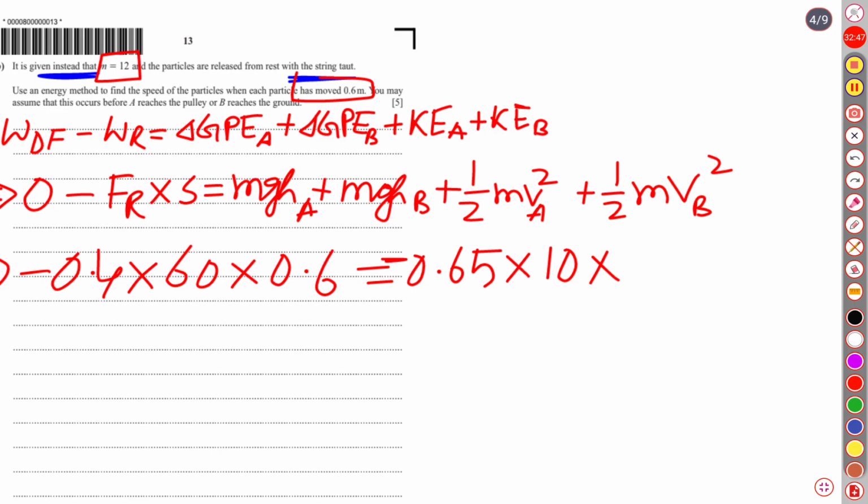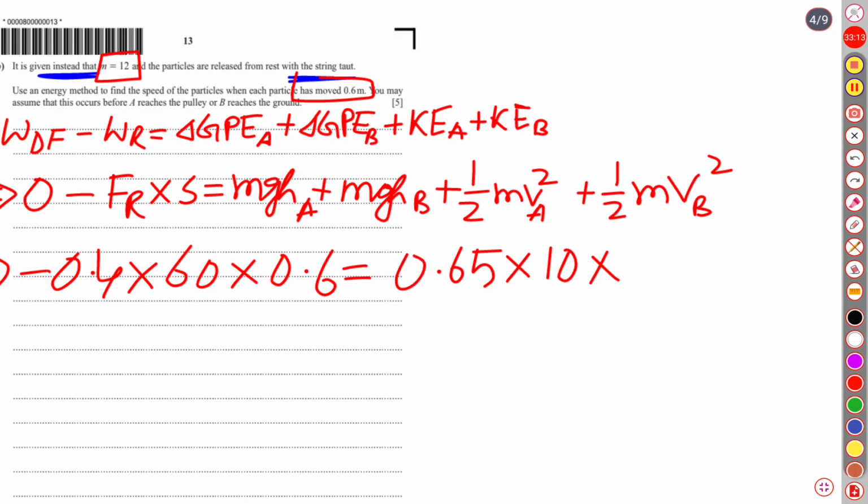Let me erase this. So it is equal to minus 0.65 into 10. This is for particle, sorry, this is for particle A, not particle B. I made a mistake actually.